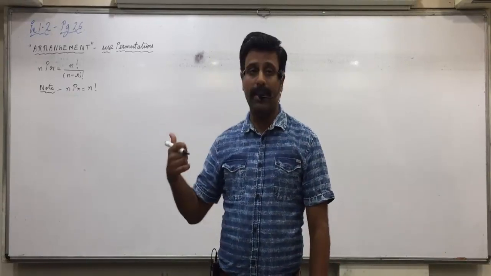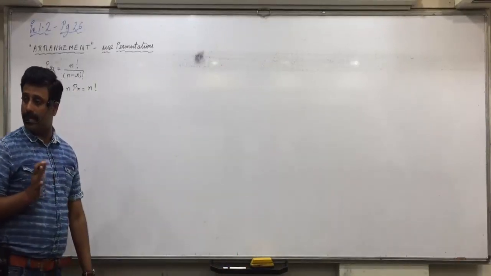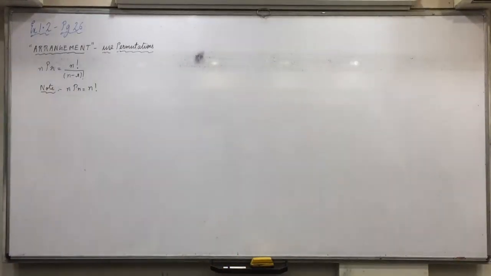Now when there is arrangement, then for n as well as m we will use the formula of permutations. They are very simple questions, and the basic purpose of taking them at the end is that in exams you must be able to differentiate. So these are the only few odd questions where the permutations formula is going to be used. Otherwise all other questions in the chapter are to be done by combinations.